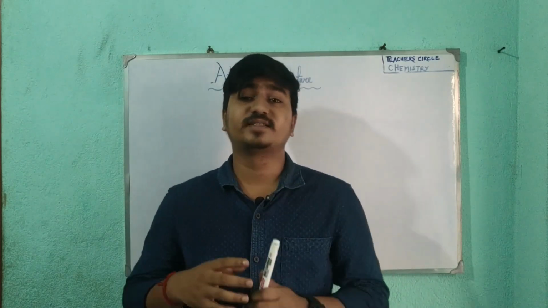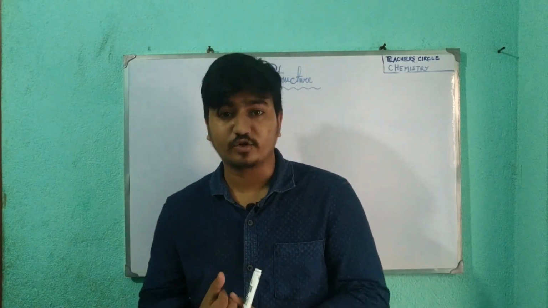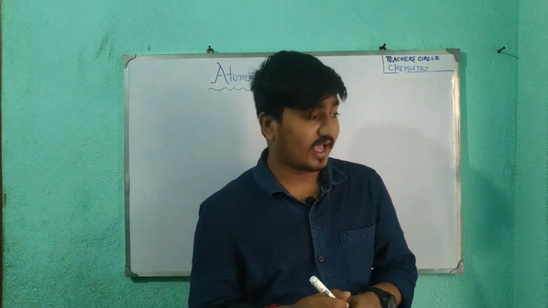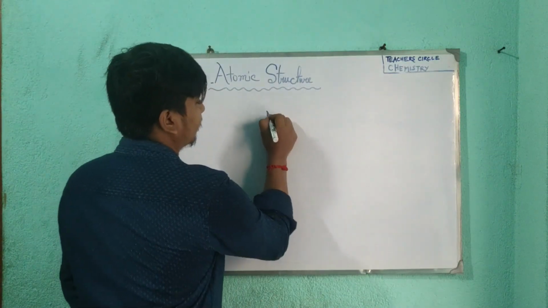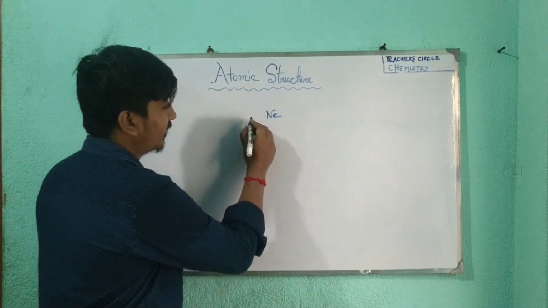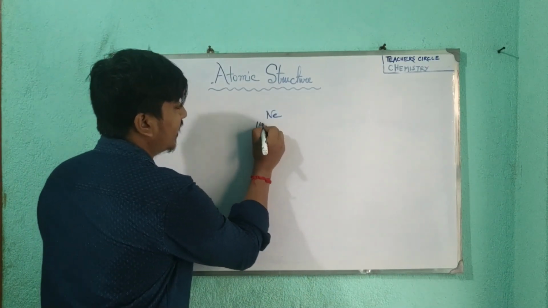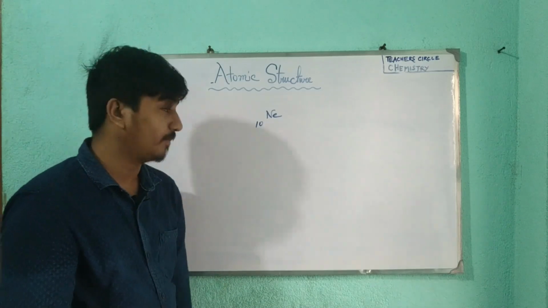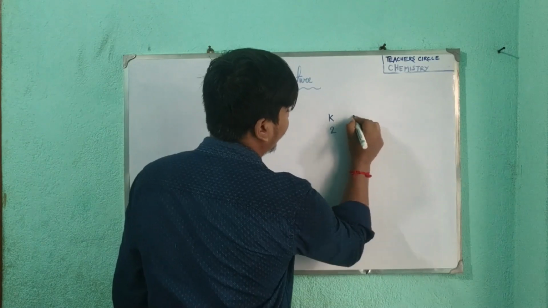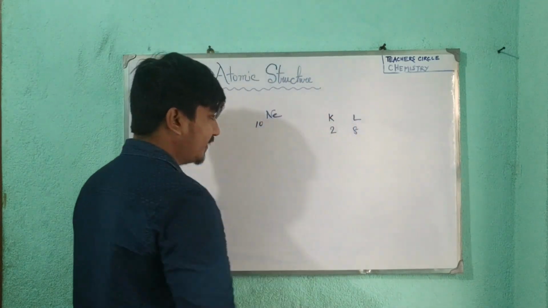Why? When a shell is fulfilled with electrons, I will make you understand by drawing the electronic configuration of neon. For neon, the atomic number we know is 10. So for the K shell it is 2 and for the L shell it is 8.